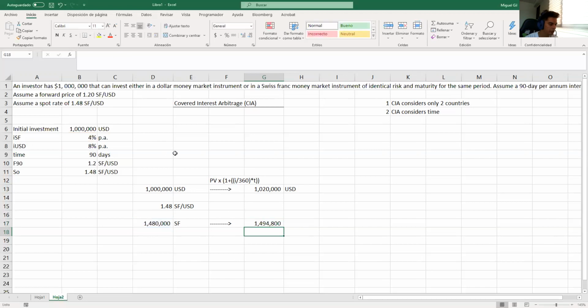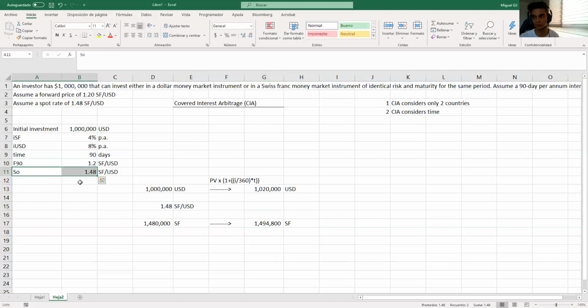Then you close the parentheses. And this is the amount of Swiss francs that you have in 90 days. And finally, the very last step is to go back to the US using what? Using the forward. Why not the spot? Because the spot is for today.